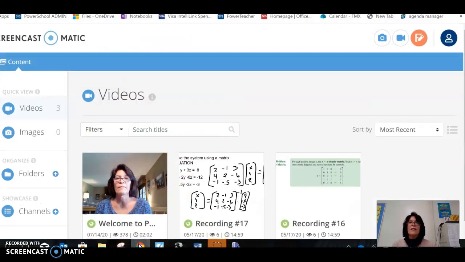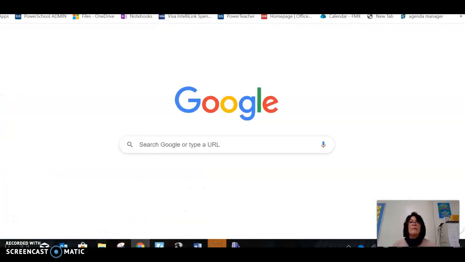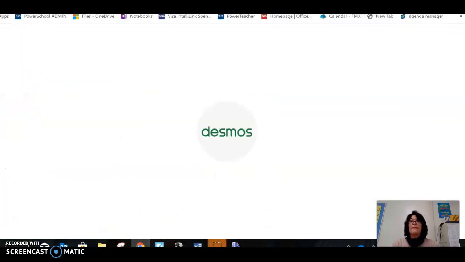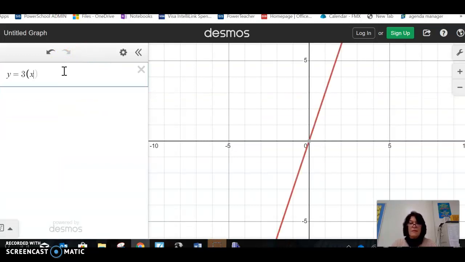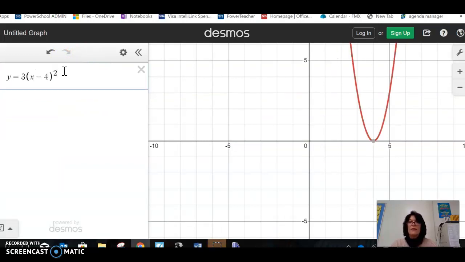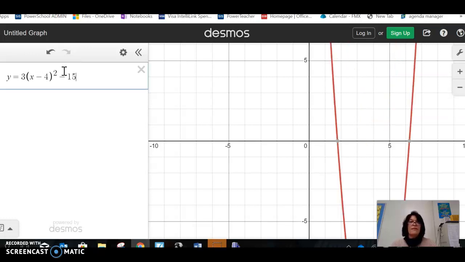If I wanted to see that on Desmos, let's just double check it, right? Y equals 3 times x minus 4 squared minus 15, I guess it was. Let's see. 1.764, 6.236.